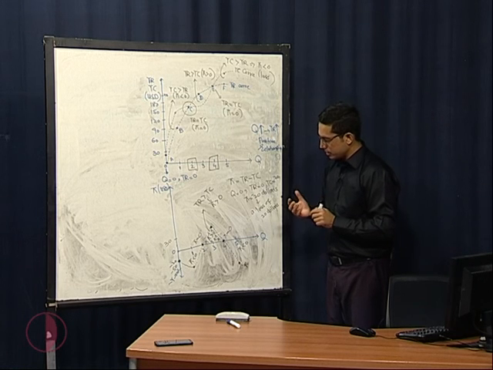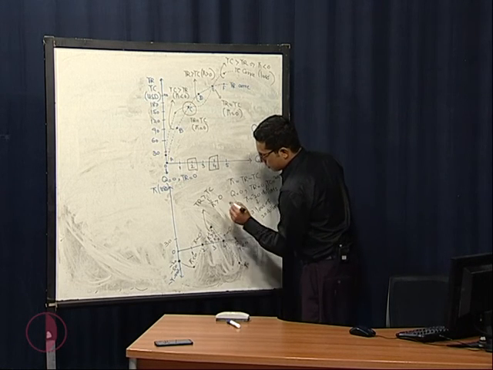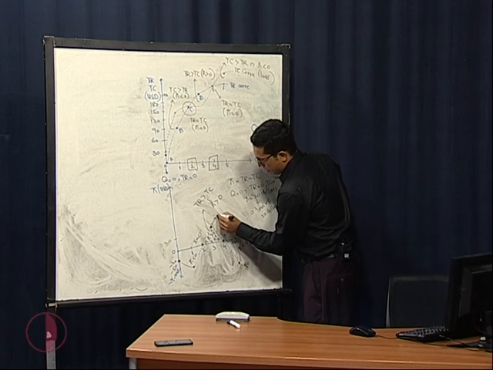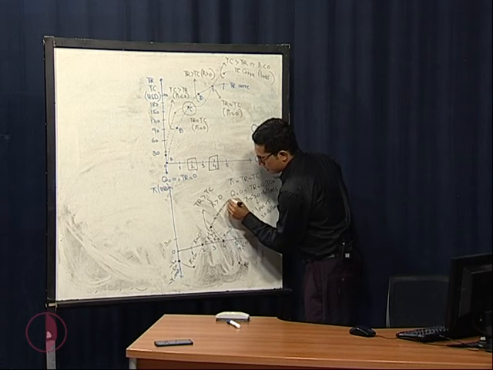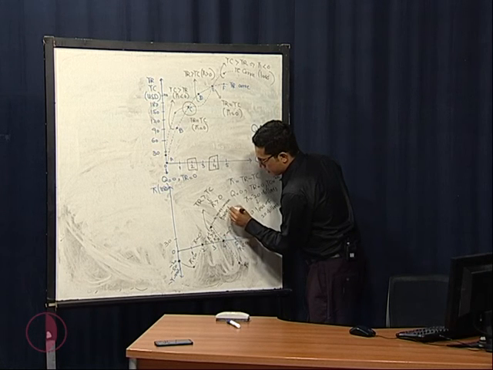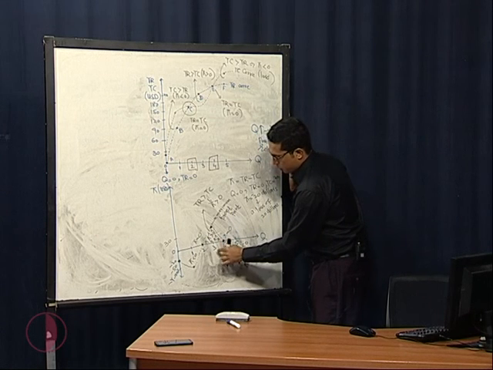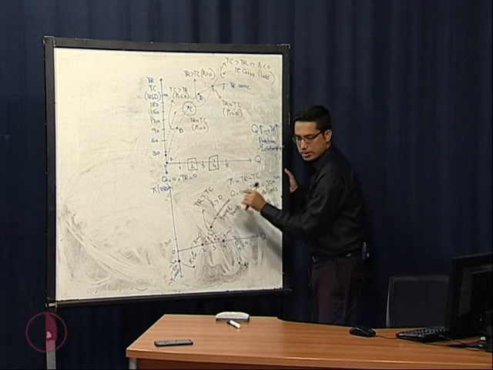And the profit is maximum at Q3. This is the maximum profit point. When Q was 3, the profit was maximum.